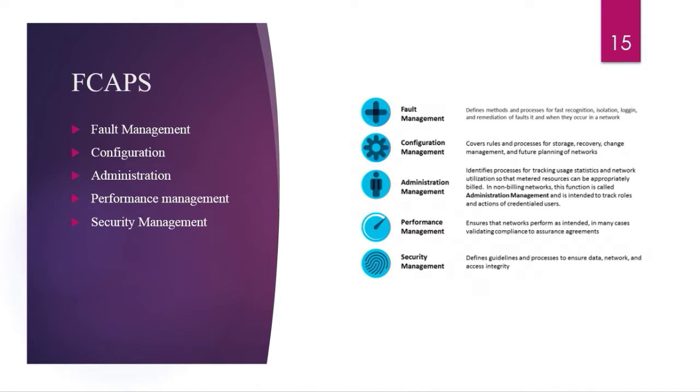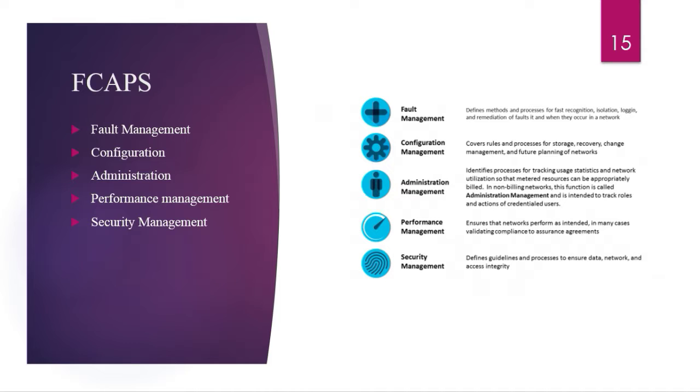FCAPS: Fault Management, Configuration Management, Administration, Performance Management, and Security Management. The goal of fault management is to detect faults and correct them to protect the network. Configuration management ensures that changes to the network are evaluated properly and documented.